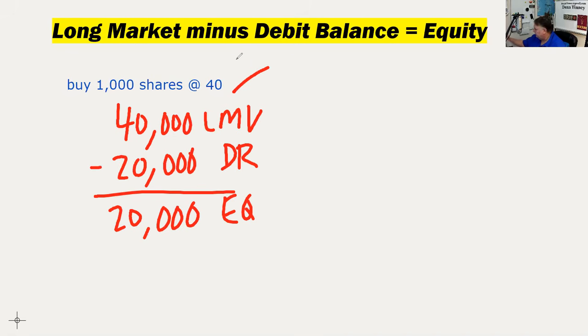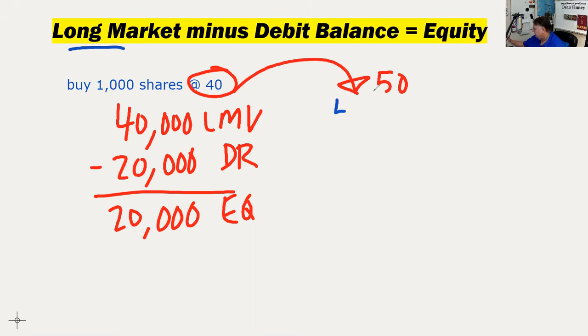And then we're going to need to mark to market based on the stock going from perhaps 40. Let's say now the stock goes to 50, and I'm going to mark you to market. To do marks, you got to know that classical margin equation, which is long market value minus debit balance equals equity. I think a good analogy is a house. Market value of the house minus mortgage on the house equals equity.